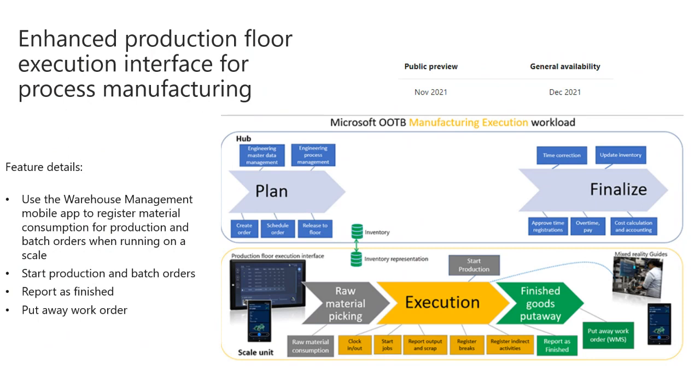Then you can create put away work, where the warehouse process will take over to put that away into a finished goods inventory somewhere. So that whole production process is now available on the scale unit as a scale unit feature as well.